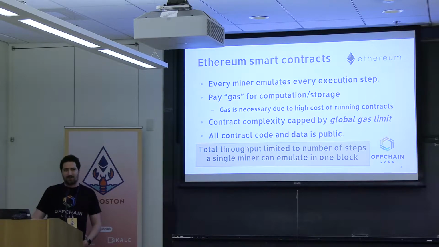So why does Ethereum itself not work? Well, fundamentally, it's a network where every single miner has to execute every single contract. And so there's no way to really scale it up. Adding more nodes doesn't help because they all have to do the same work. You have to have a limited capacity because everybody has to be able to verify everything. And that leads to a need to have gas costs and gas limits.